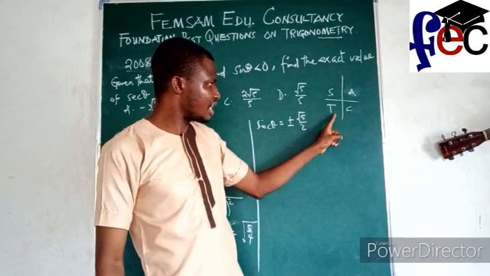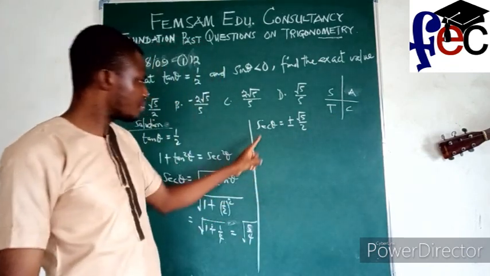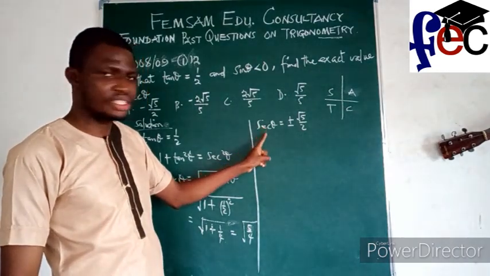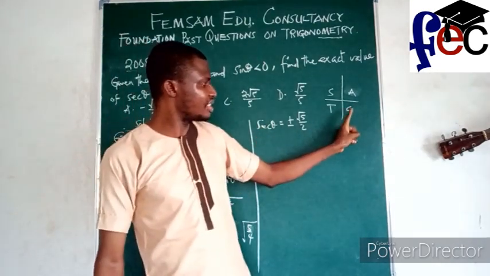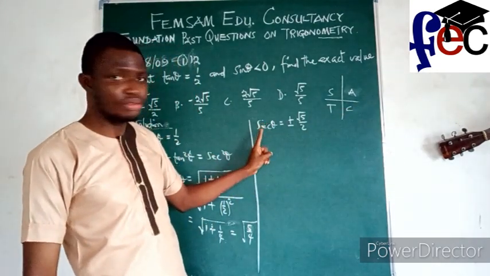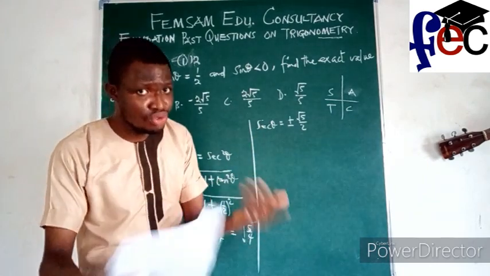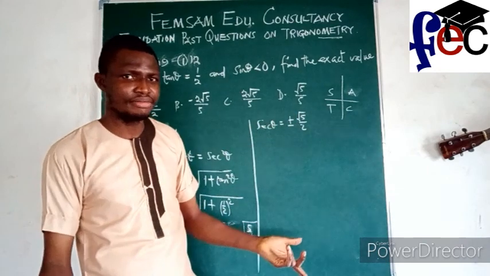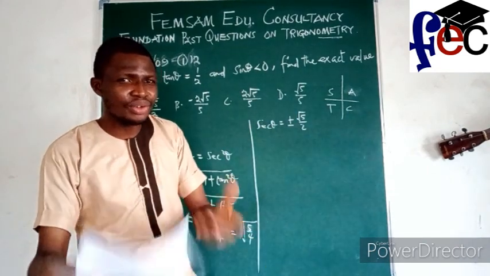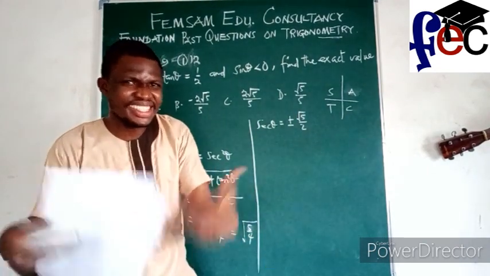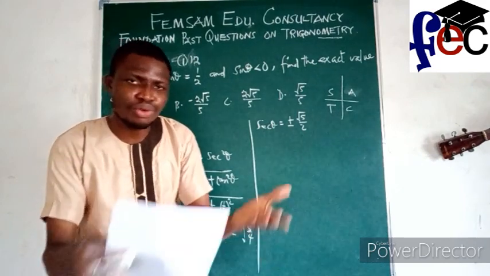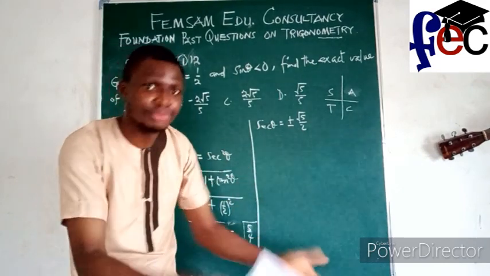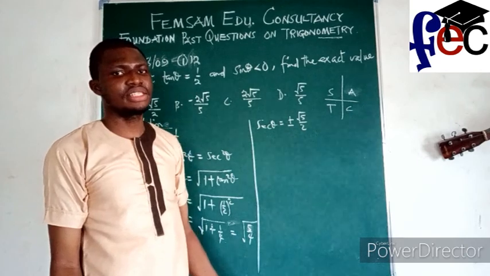If theta is here, what will be the corresponding value of sec theta? If theta is here, what will be the corresponding value of sec theta? We know that sec theta is the inverse of cos theta. Whatever sign is attributed to cos theta is going to be the sign attributed to sec theta as well.